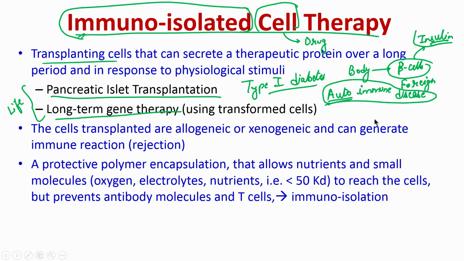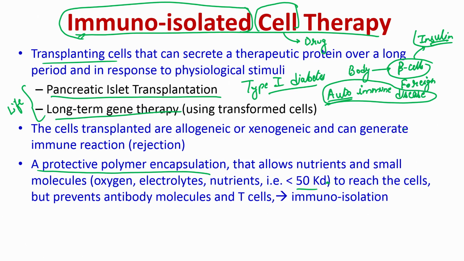One way to go about it is to put a protective polymer encapsulation, which allows small nutrients and molecules, anything less than 50 kDa, to go through and reach the cells, but prevents antibody molecules and T cells, so that they are immunoisolated.